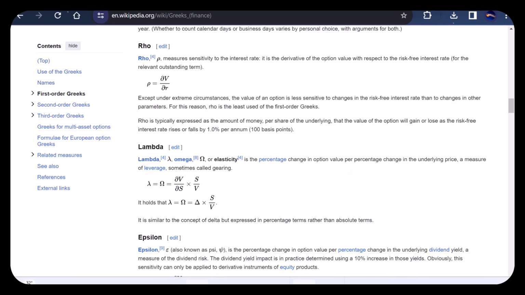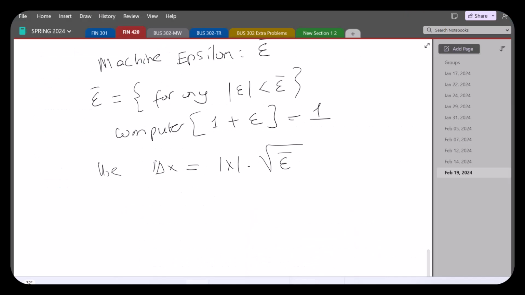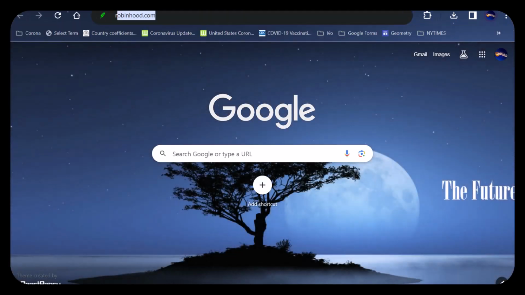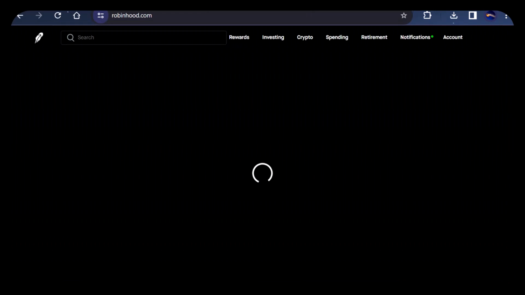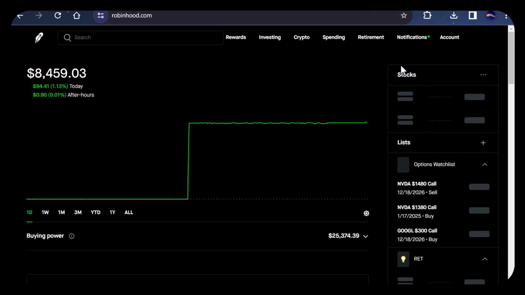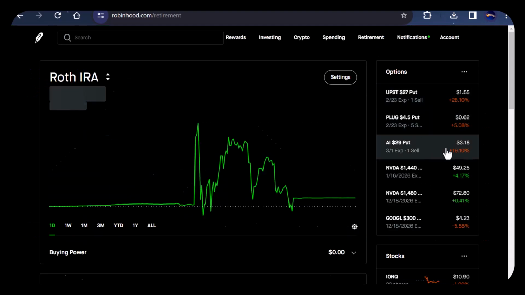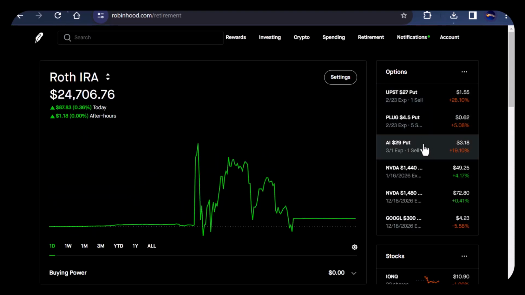Let me give an example. The market is not open right now, but there are a lot of options in my Roth IRA.